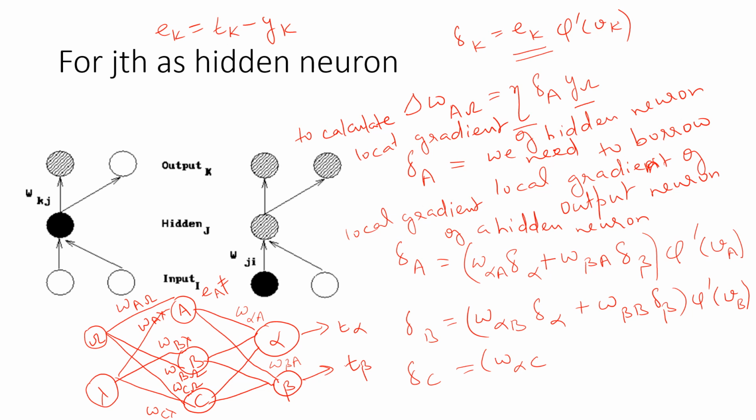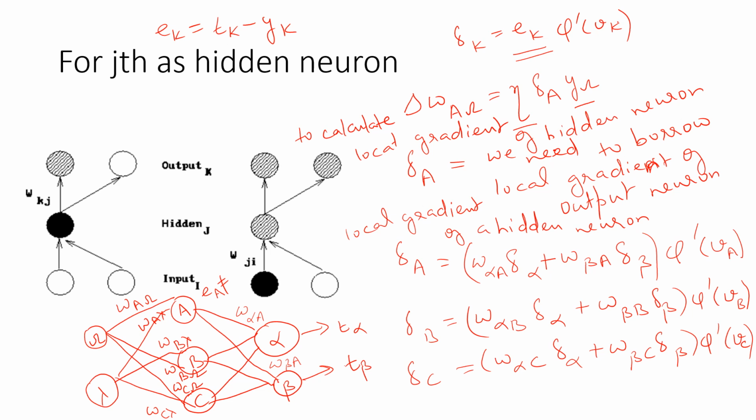So I want the weight between alpha and C times the local gradient of alpha, plus the weight between beta and C times the local gradient of beta, into the derivative of the activation function, that is Vc.